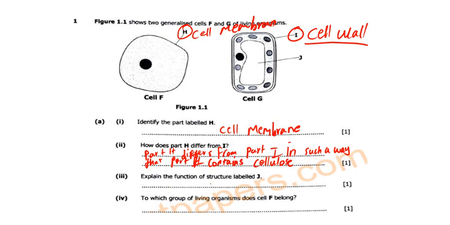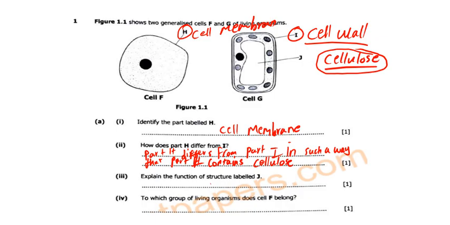The cell wall is made up of cellulose. Cellulose is a polysaccharide. So you have to know that a cell wall contains cellulose, which is a tough fiber found in the cell wall.